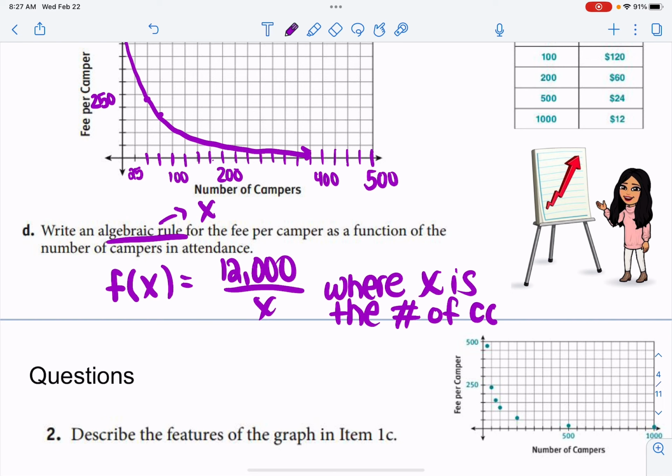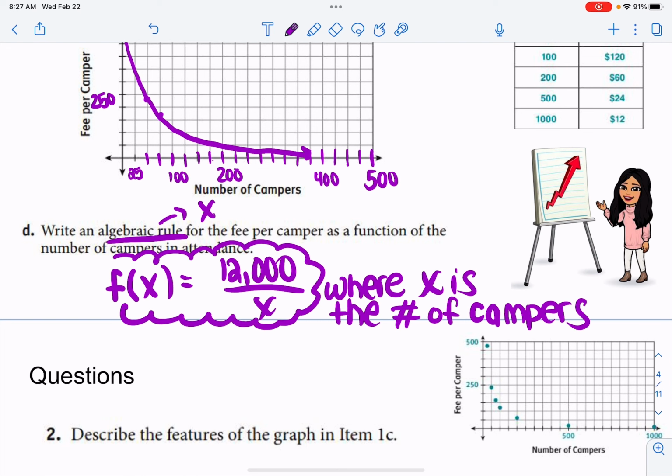So now we're going to use that function to help us answer the following questions.